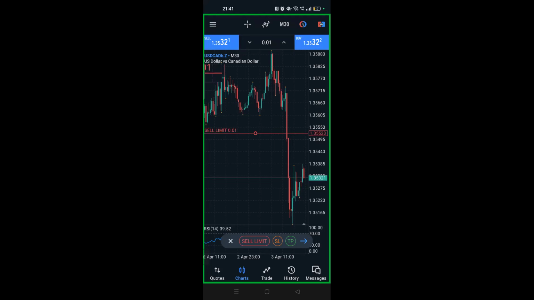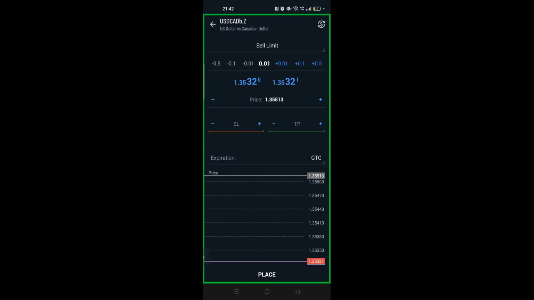So let's say we want to set a sell limit order at 1.35605. Once you put it there and you are okay with the price, you can click on the arrow in front of the TP, then it will set that for you as well. Those are some of the modifications you can see on MetaTrader 5.